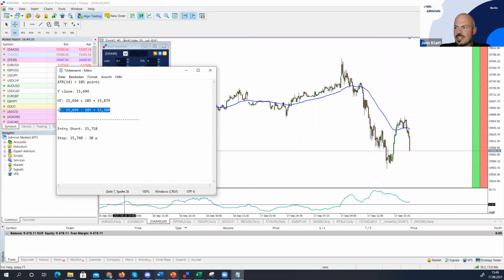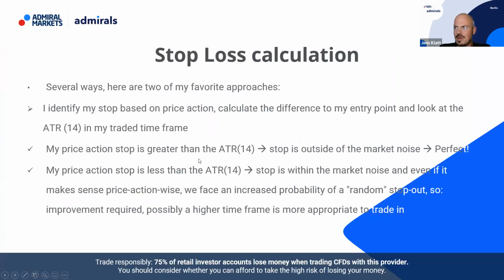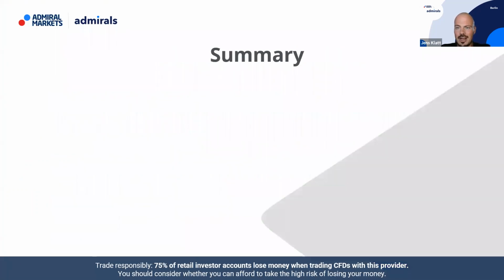So yeah, I just hope that this helps you from a volatility perspective to get a better idea how to calculate your potential profit targets on the downside, but also potential stop levels in the future in your trading. Let's sum everything up here.